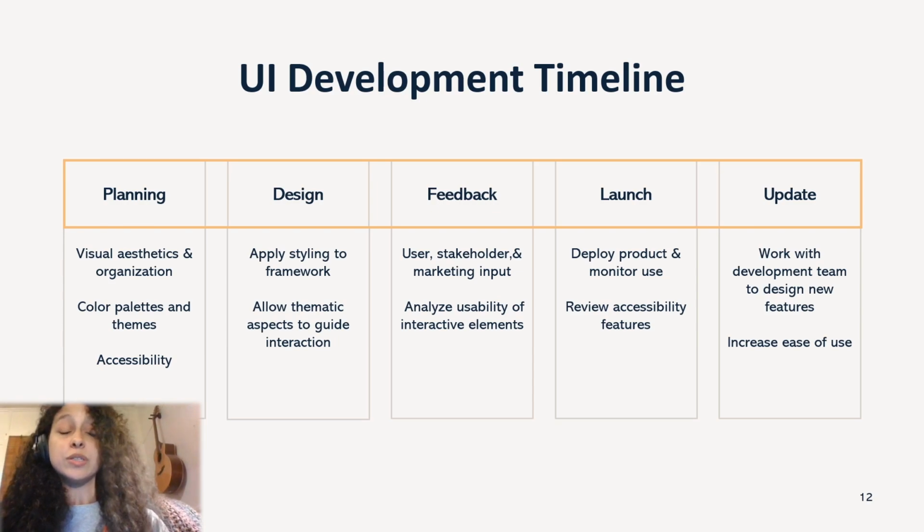UI development will also consider the thematic aspects that will help guide the interaction of the user. Will there be stylish pop-ups themed throughout the landing page, for example, to point the user where to go?